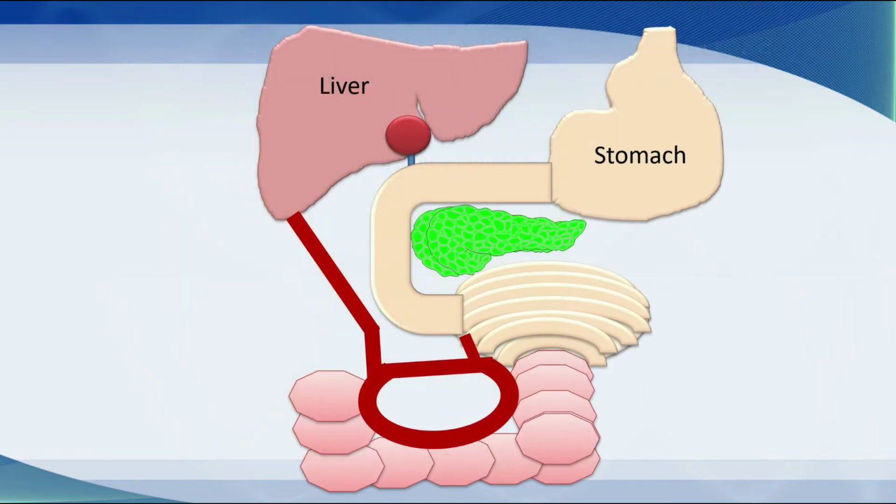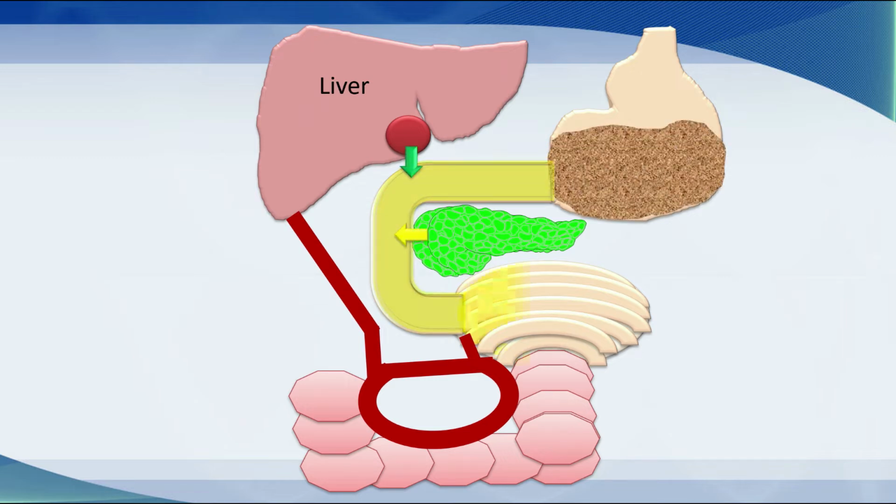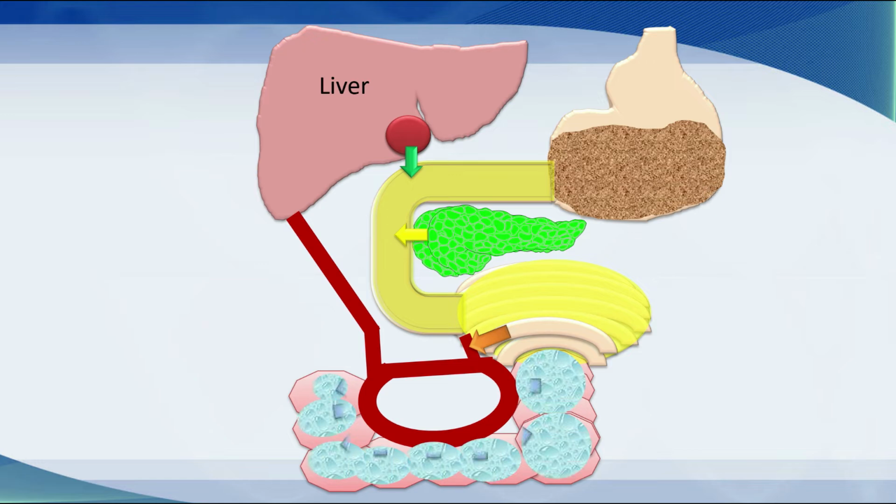This is a cartoon of the gastrointestinal tract. You can see here the stomach, the liver, the small bowel, pancreas, large bowel, etc. And of course, we eat into our stomach, and as food goes along, we secrete all kinds of stuff into our gastrointestinal tract.